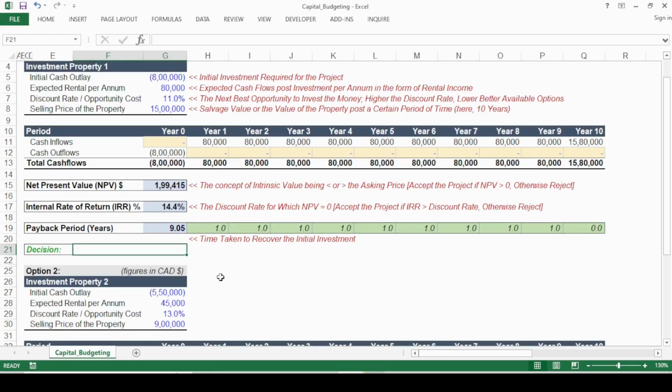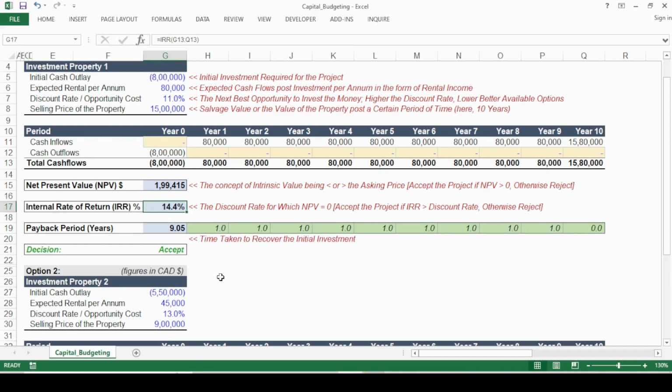Let's say if I'm going for the decision on the basis of the net present value, I'll say if the net present value is greater than 0, then you should accept, or else reject. Now since we can see that the net present value is greater than 0, it means that the project can be accepted.